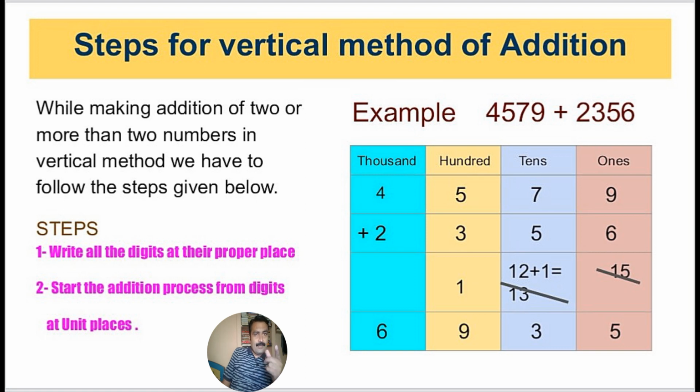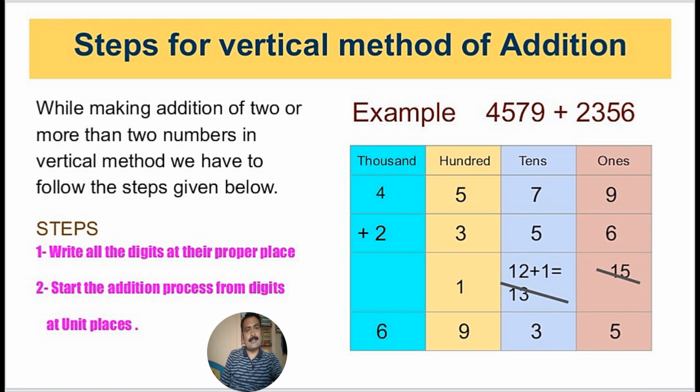After that we move towards the tens column. First we add 7 and 5, that is 12, and the 1 carry we add to that. 12 plus 1 gives a total of 13. For 13 we write 3 in the tens column, and 1 we take as carry into the next addition.